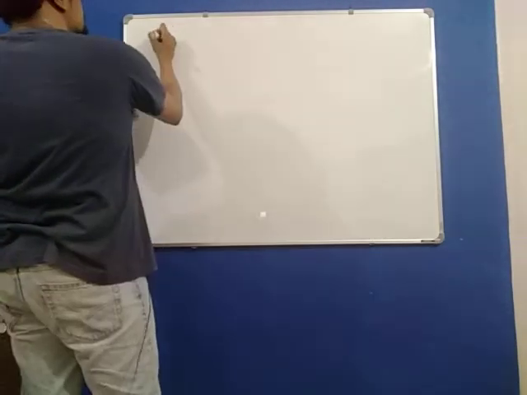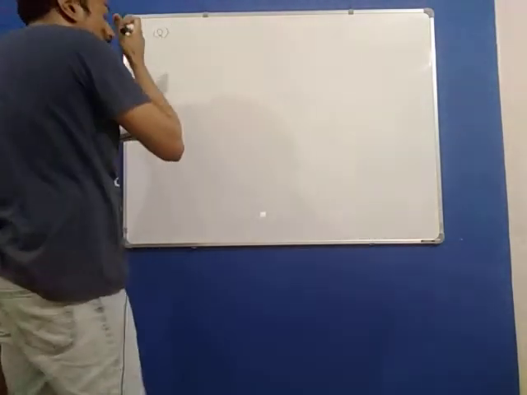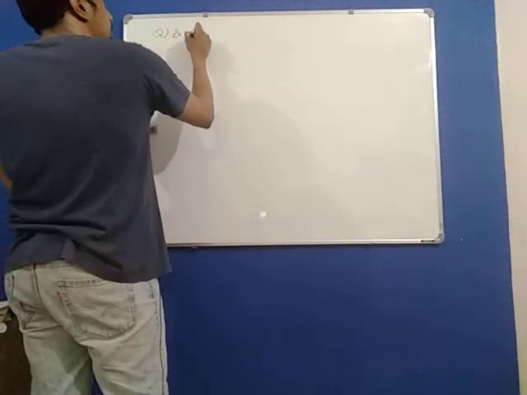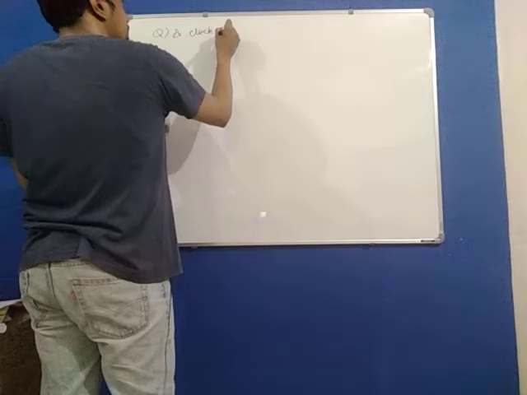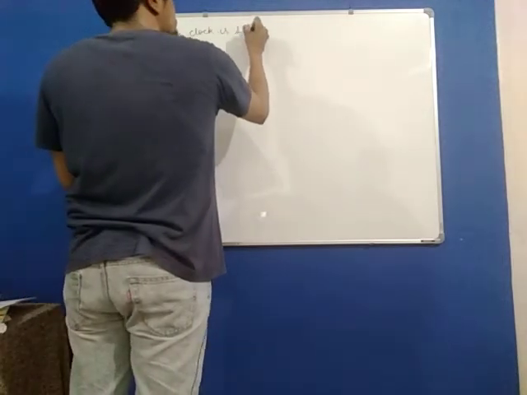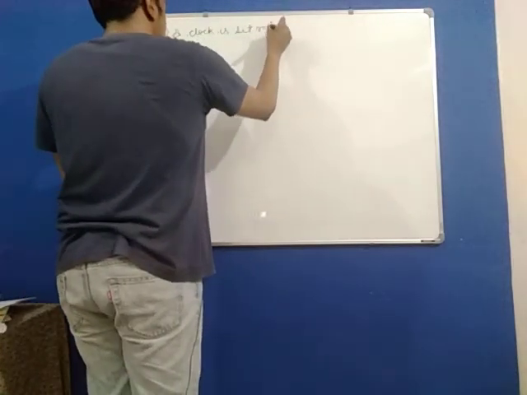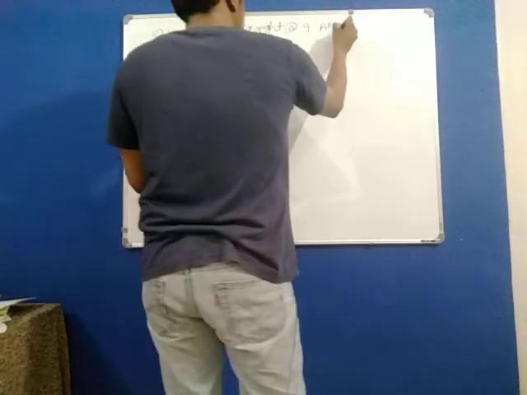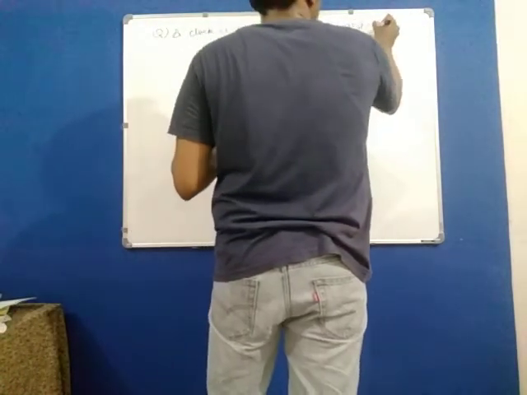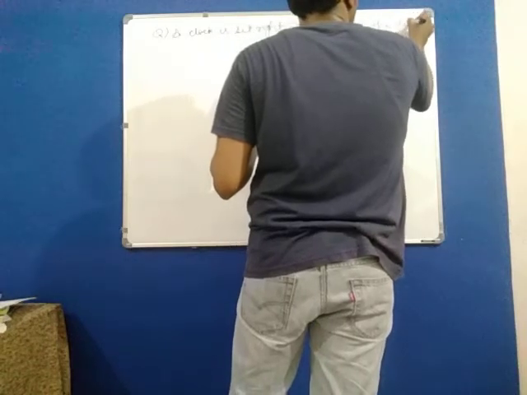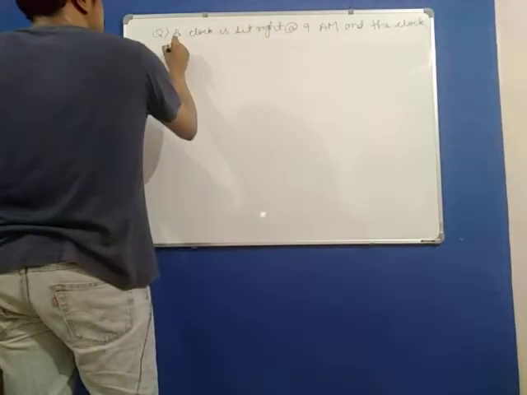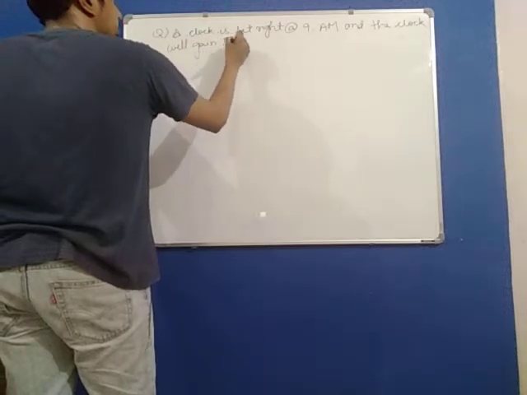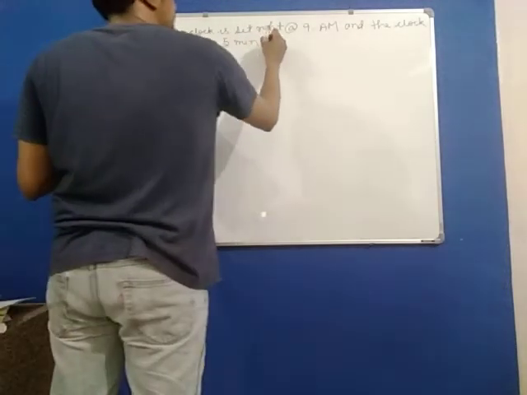So the question is, we will do the concept of fast clock and slow clock using a question. A clock is set right at 9 AM and the clock will gain 5 minutes in 12 hours.